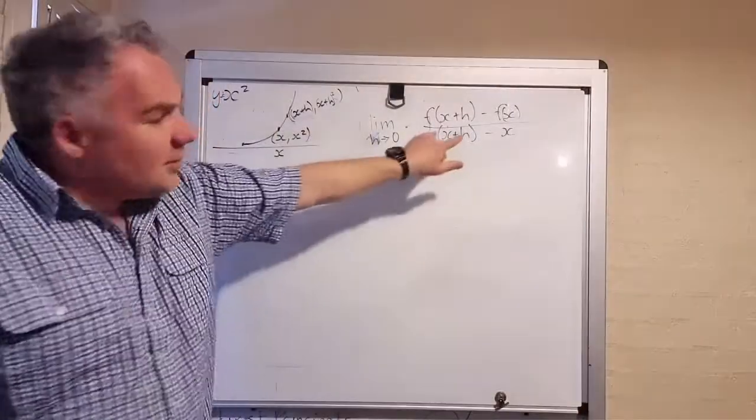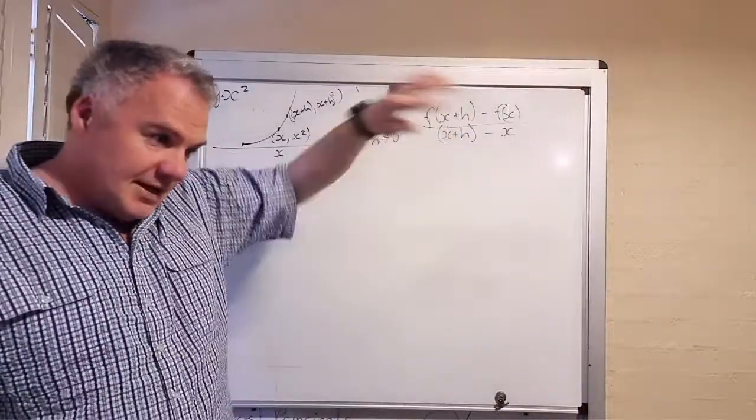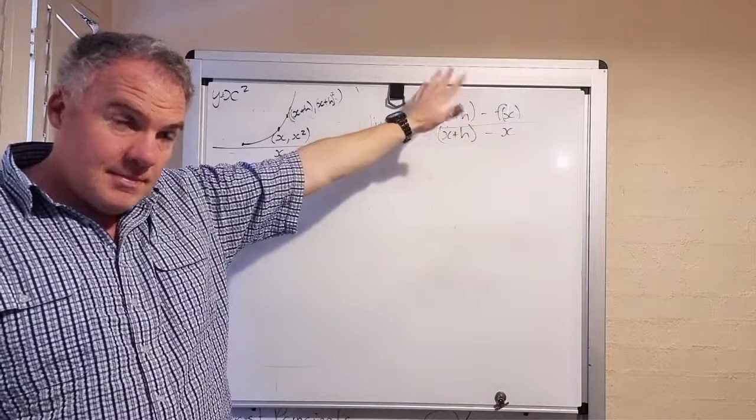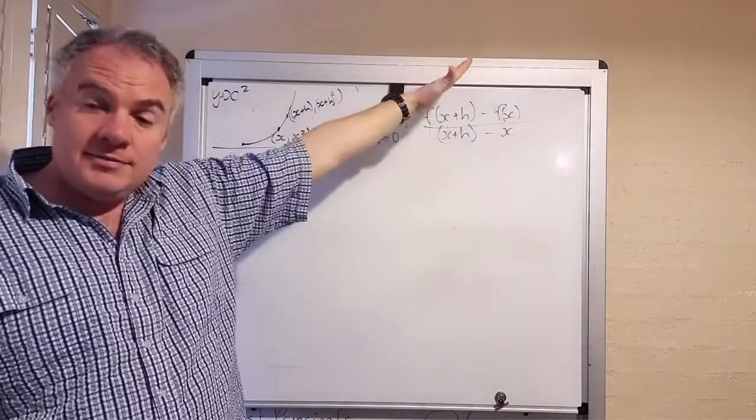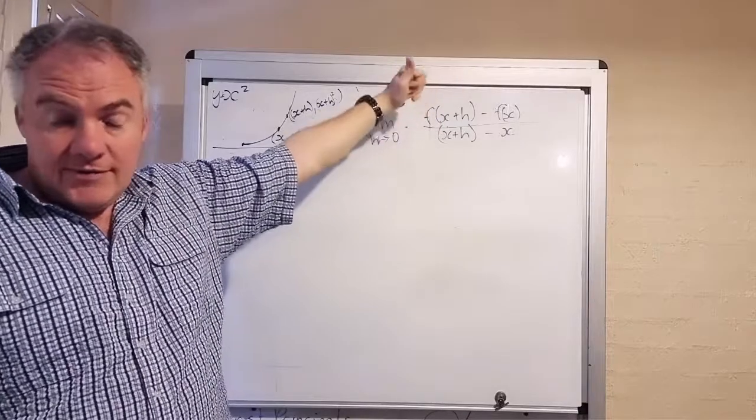Okay, so the bottom is just going to give you h. H is going to be on the bottom. And the top is going to be your function that's giving you the derivative.